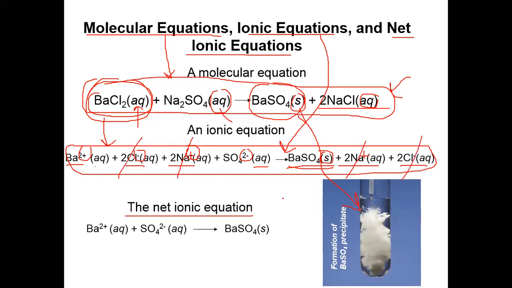What we're left with is barium ion 2 plus and sulfate 2 minus, and it creates barium sulfate solid. So that's the net ionic equation.